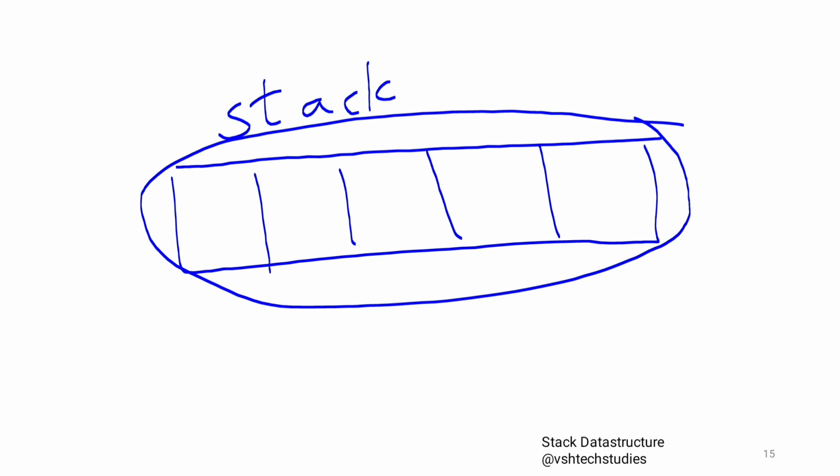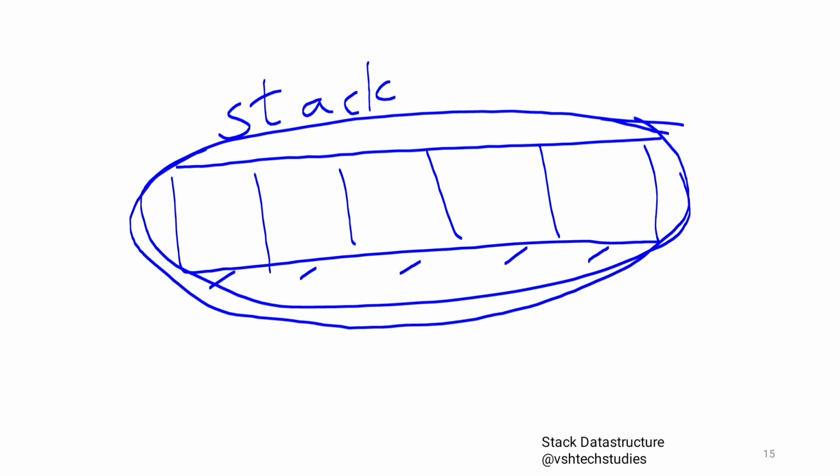How many memory locations are there? 5 memory locations, in a consecutive manner. Means if the address of this is 1000, then 1001, 2, 3, 4. So this whole block forms one data structure. A data structure having a set of consecutive memory locations is called an array. Its name we have given as stack here.